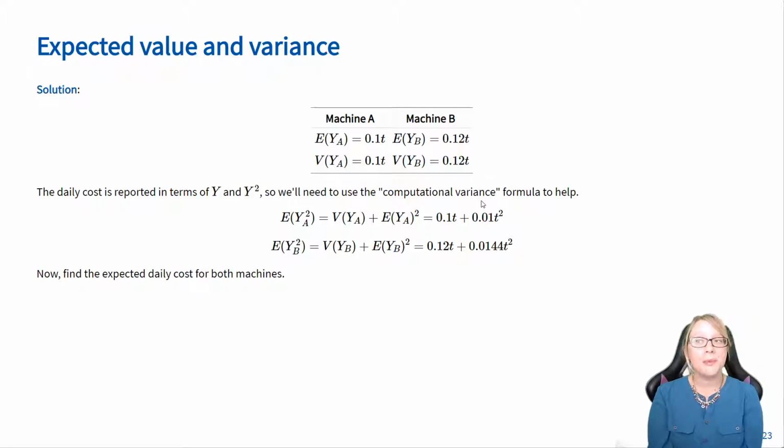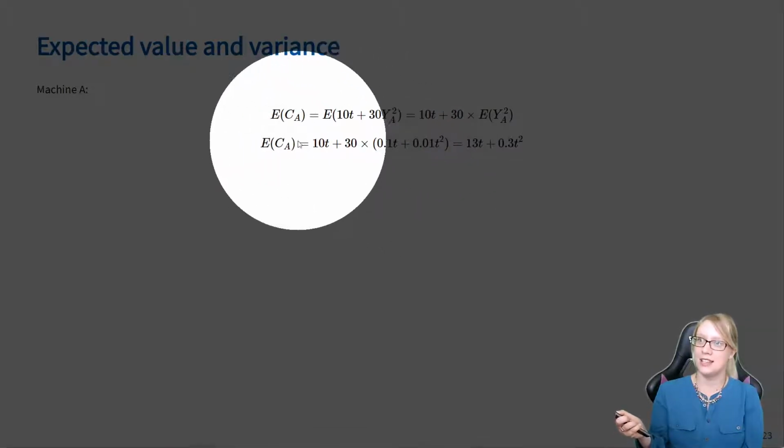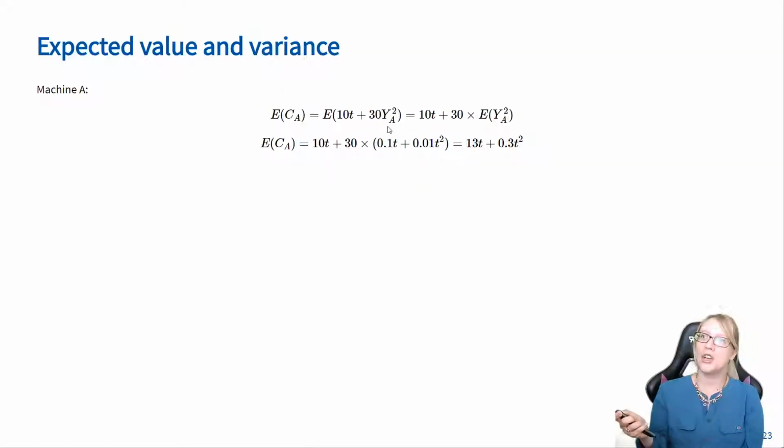Now to find the expected daily cost, well, we have constants, so we can pull those constants out. With respect to our random variable, t itself is a constant. So the expected value of 10t is 10t. Expected value of 30y squared is 30 times the expected value of y squared.